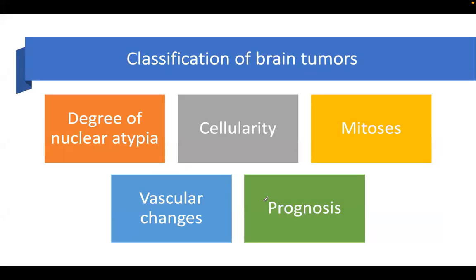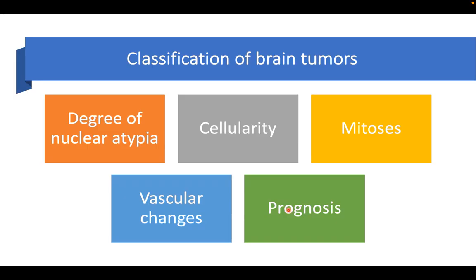Now, another means of classifying brain tumors, aside from the previous classification by the WHO, are based on the following parameters. So number 1, the degree of nuclear atypia, the cellularity, mitosis, vascular changes, and prognosis.